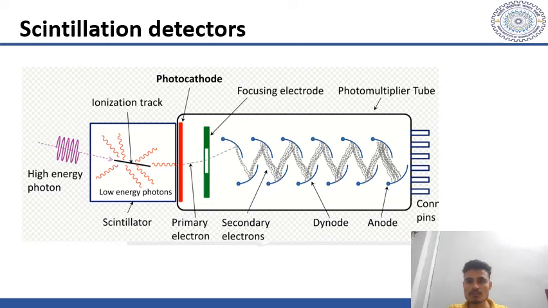The scintillation detector consists of a scintillator and a device such as a PMT, photomultiplier tube, that converts the light into an electric signal.